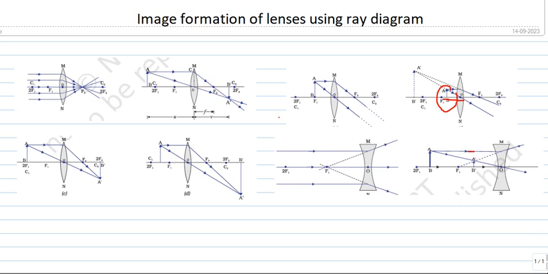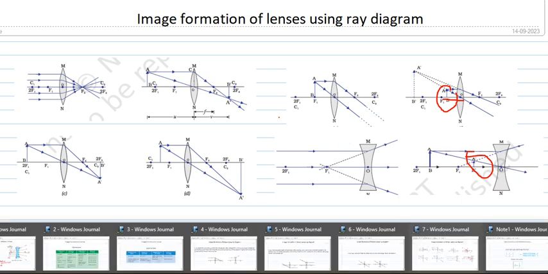This is where the image is formed. So this again is a diminished, virtual and erect image. So this is the image formation of the lenses using ray diagrams.